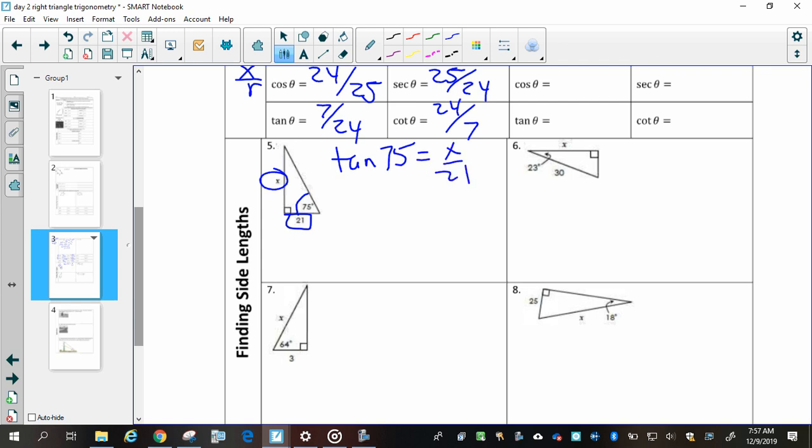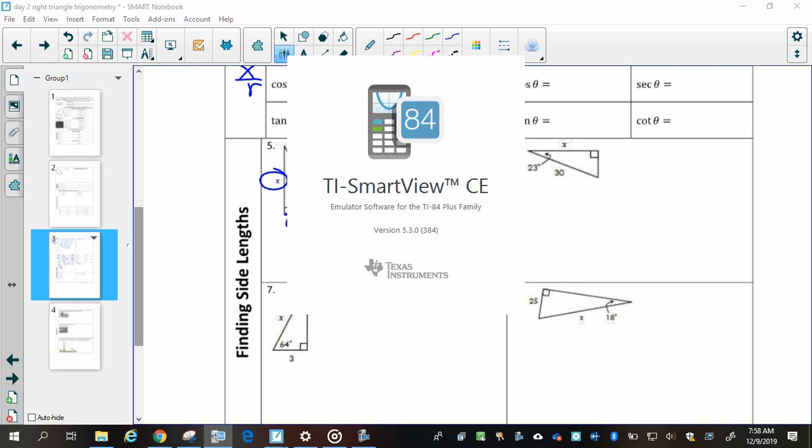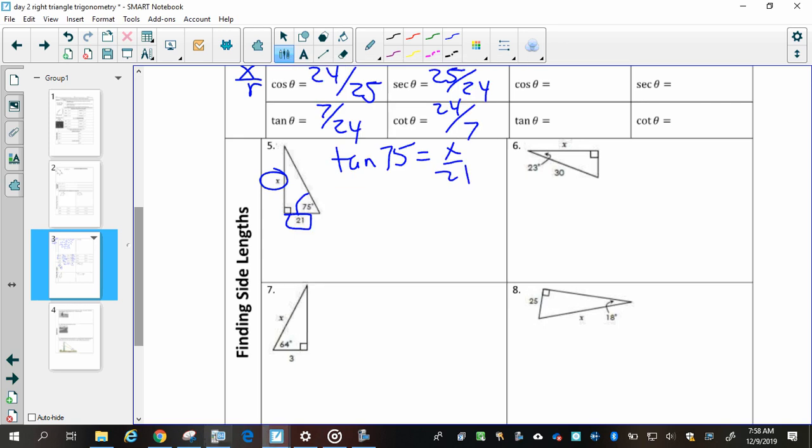And you need to solve for x. In your calculator, you need to make sure your calculator is in degrees. So in mode, change it from radians to degrees if you haven't already. And then round that to 2 decimal places.